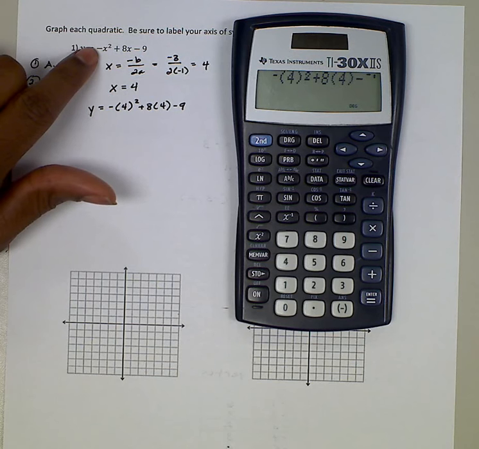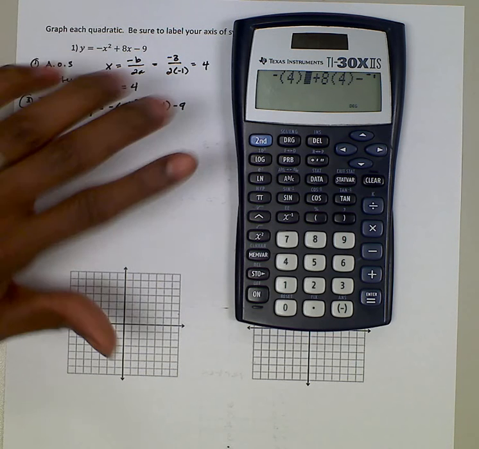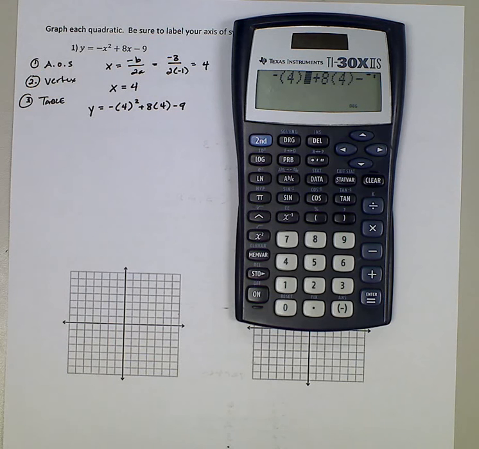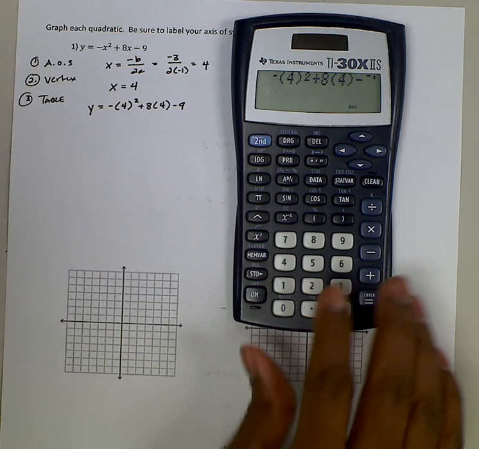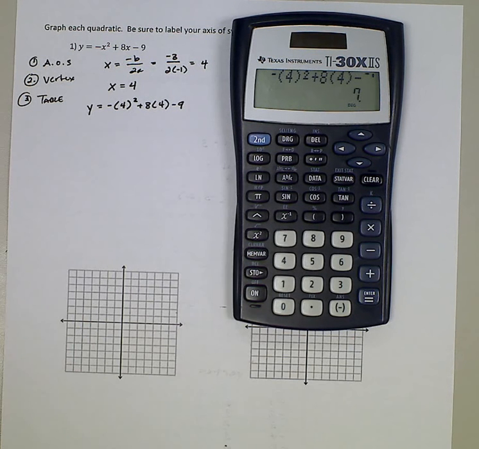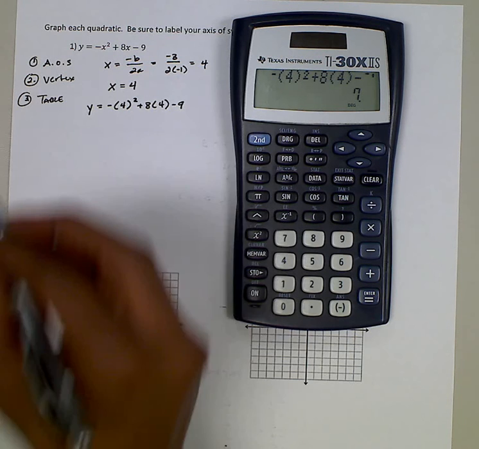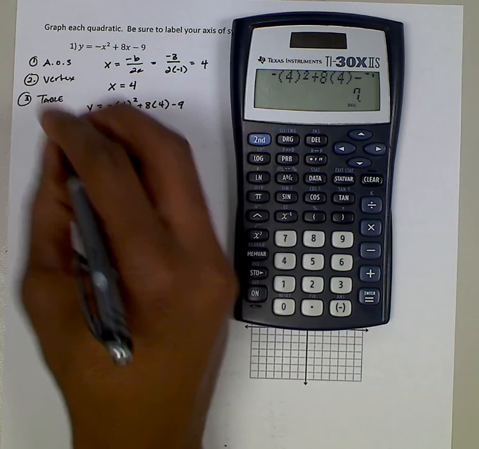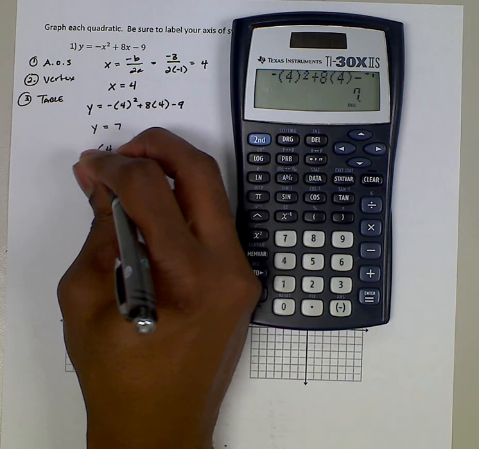It's not saying it wants like -4 squared. It wants the negative of 4 squared, or the negative of whatever x is squared. Okay, so I don't have that negative in the parentheses. Make sure that you don't do that either. Okay, when we do that, we find out that y is 7. And so we found our vertex as 4, 7.